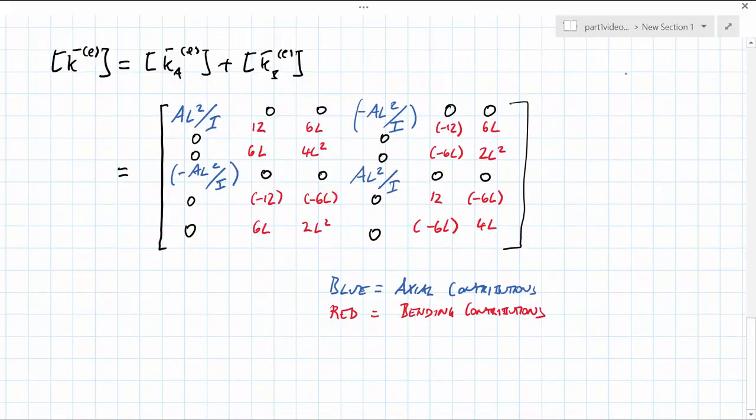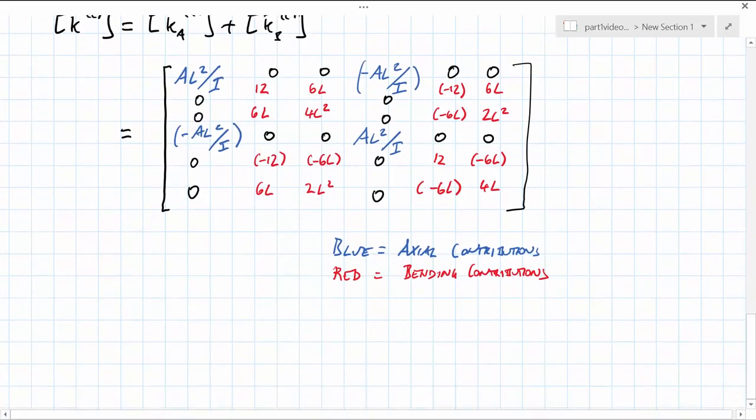So when we add these two matrices up, we end up with the stiffness matrix for the planar frame element. In this matrix, I've indicated the axial contributions with blue ink and the bending contributions with red ink.